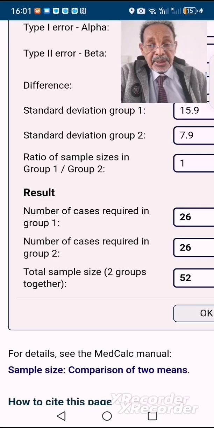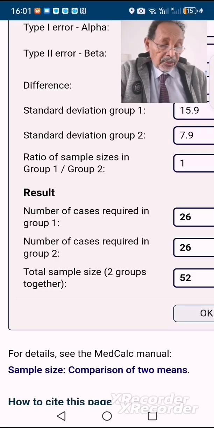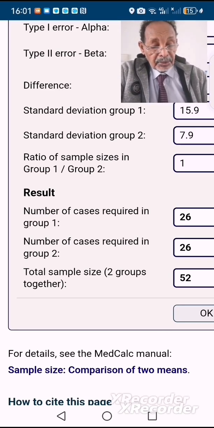The appendix could be just inflamed or could be severely inflamed, containing pus or gangrenous or ruptured appendix, like that. The difference in C-reactive protein estimations, we need about 26 in each group for a case control study, or for a cohort study.